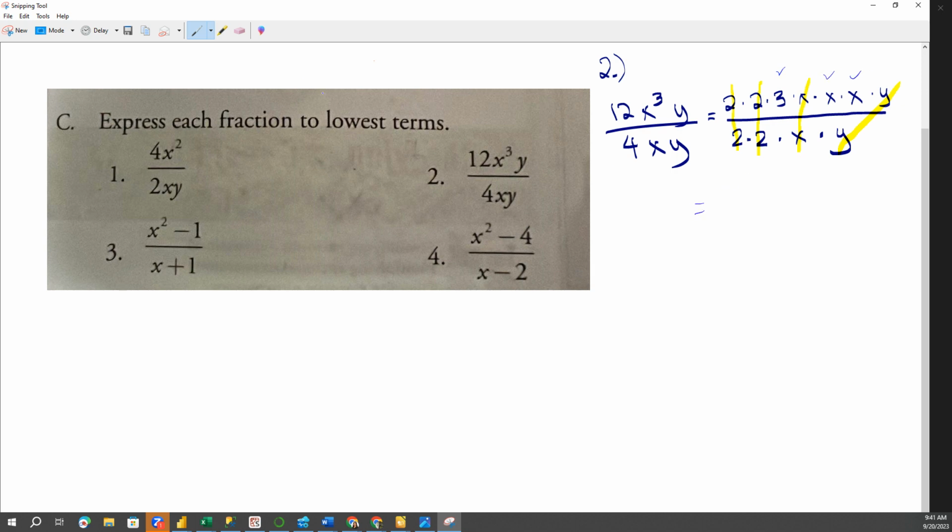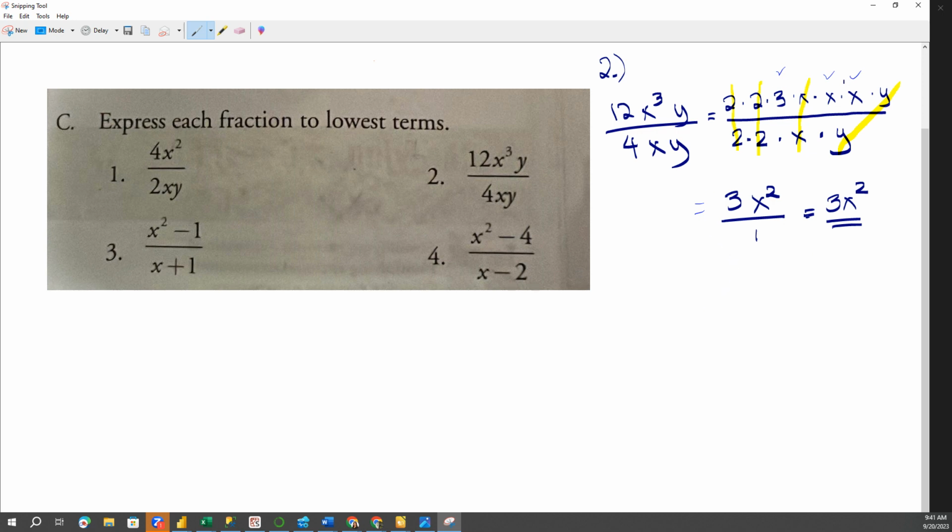So that would be 3 times x times x, so 3x squared over, well, there's really nothing left in the denominator, so that's over 1, right? Basically, if there's nothing left in the numerator or denominator, you put 1. And anything divided by 1 is just whatever that anything is. Okay? So this is your final answer for that.